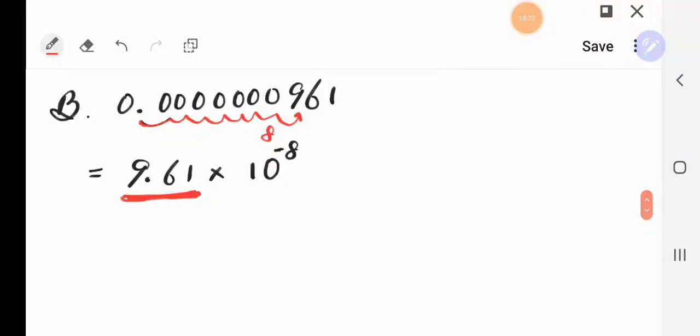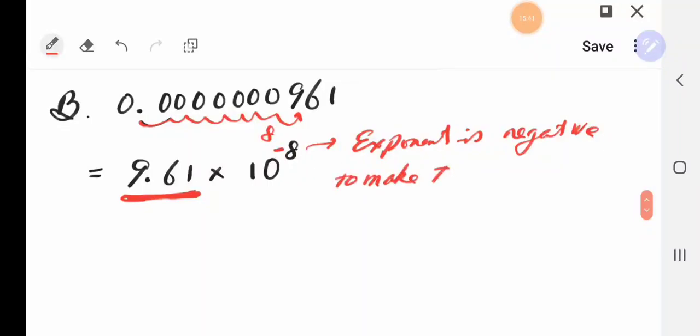So in order to make this one small, the exponent must be negative to make the number very small.